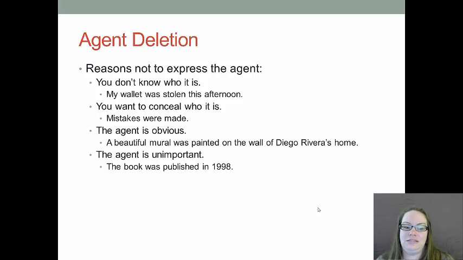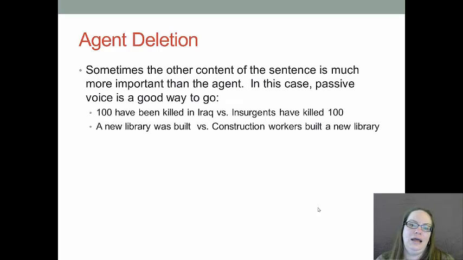So we make these decisions based on what types of things we want to talk about in our sentences. Sometimes it has to do with the content of the sentence, so what we think of as being important. If we think that certain content is more important than another, we keep the order in one way or another.